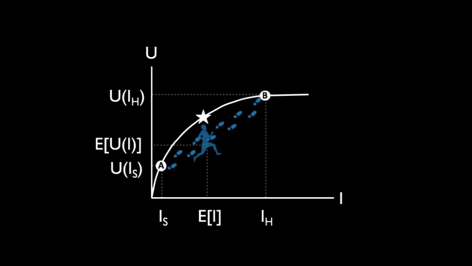In other words, if you gave the person the intermediate level of income that was the weighted average of their two possible alternatives, then getting that intermediate level of income would give them that many units of utility.